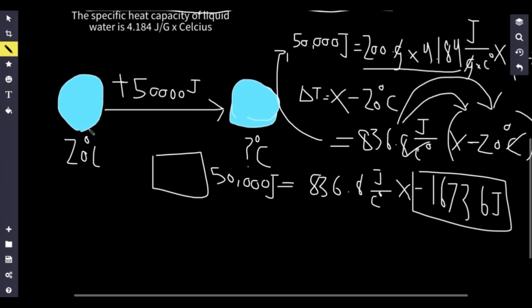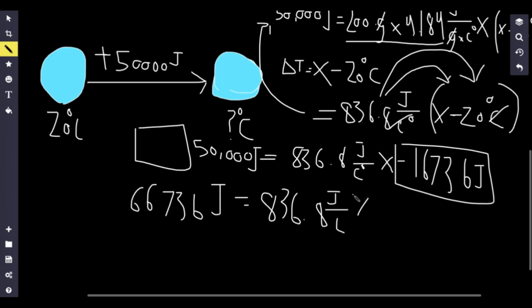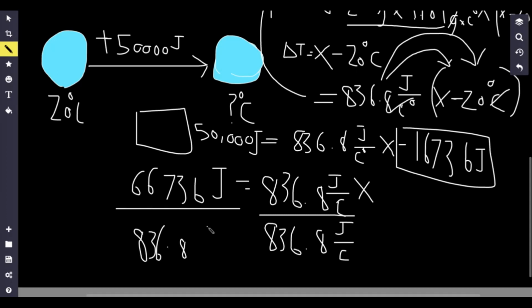And when we do so, we get 50,000 joules plus 16,736, which gives 66,736 joules equals 836.8 joules divided by Celsius times X. Now, if we want to isolate X, we divide both sides by 836.8 joules divided by Celsius.